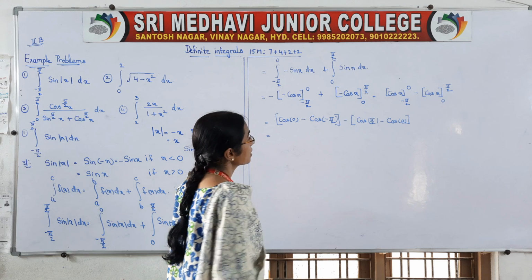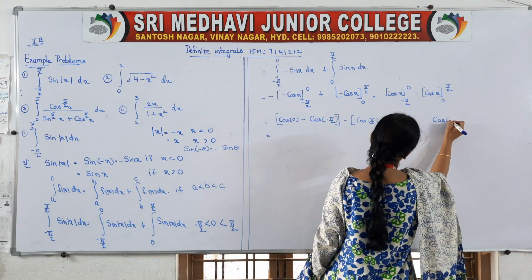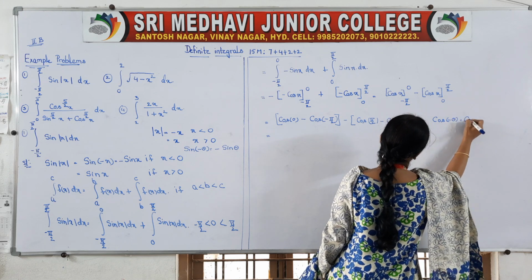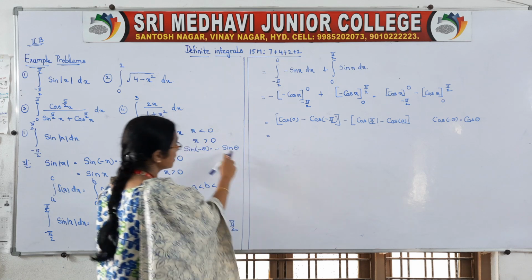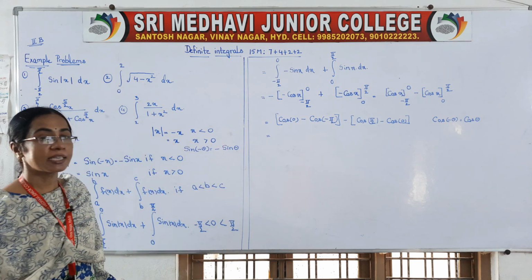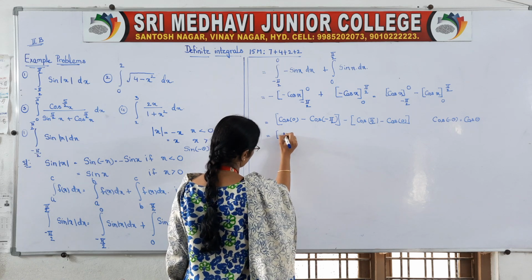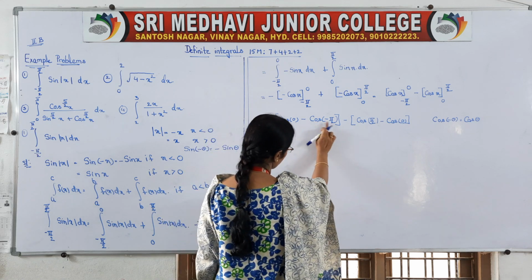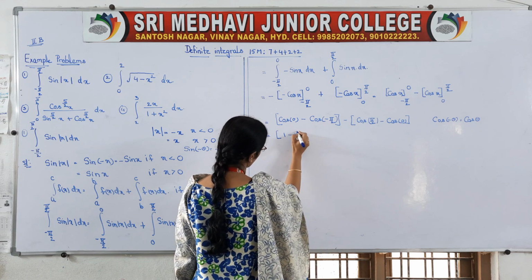Remember, cos of minus theta is cos theta, and sin of minus theta is minus sin theta. So cos 0 is 1, and cos of minus pi by 2 is cos pi by 2, that is 0.